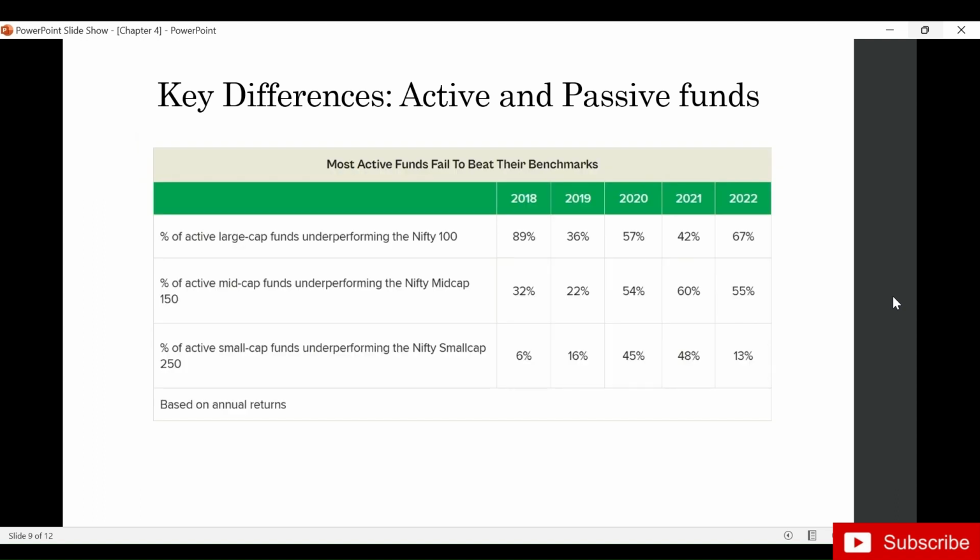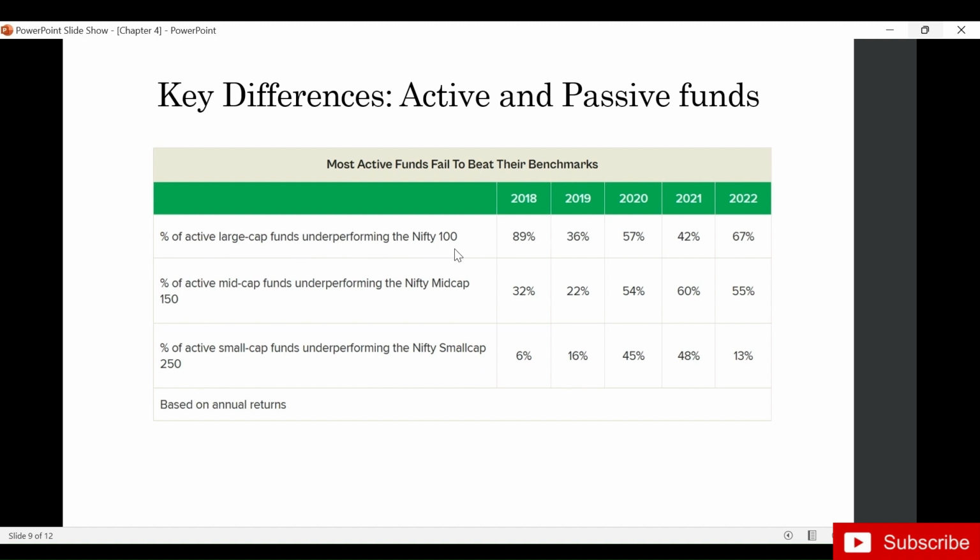Now in this slide we will talk about the performance of active funds against their benchmark index. In the first row, as you can see, it talks about the percentage of active large cap funds underperforming the Nifty 100. So in the year 2022, 67% of active large cap funds underperformed the Nifty 100.